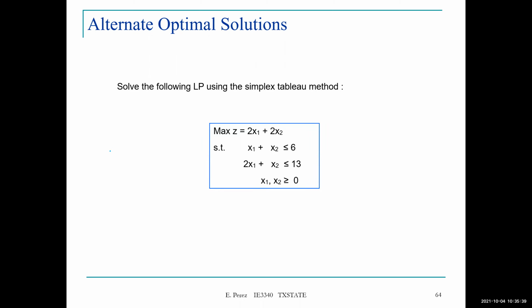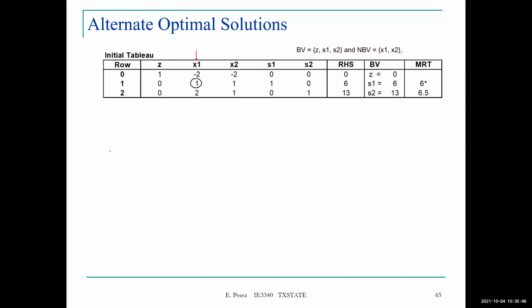We have a slack variable here, another slack variable here. Setting this up, we have two negative coefficients that have the same value, so we choose arbitrarily. We are selecting X1, so X1 is entering the solution. Then we do the minimum ratio test, and S1 is leaving.